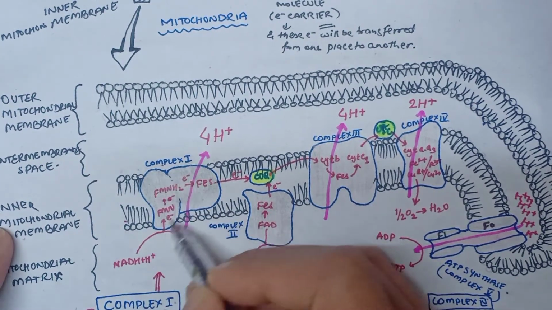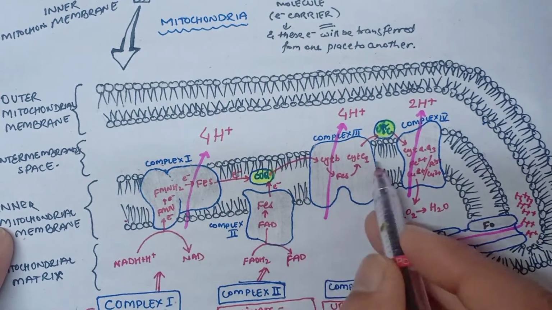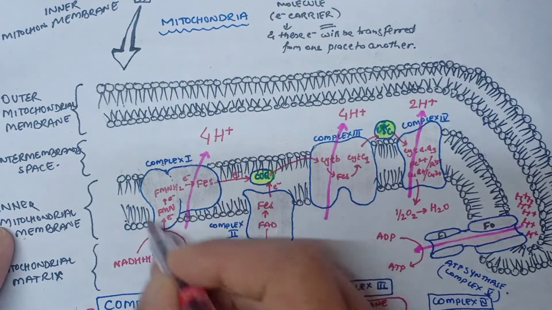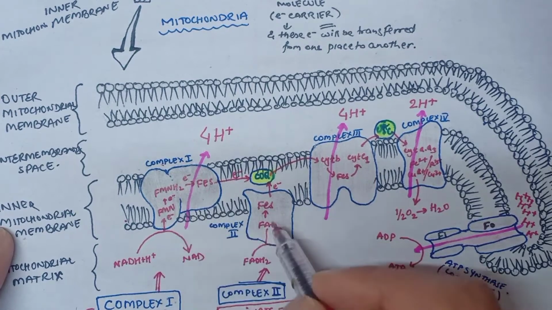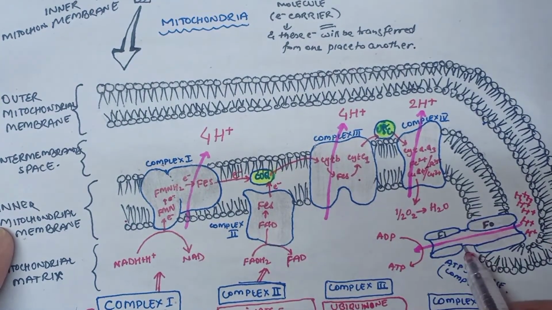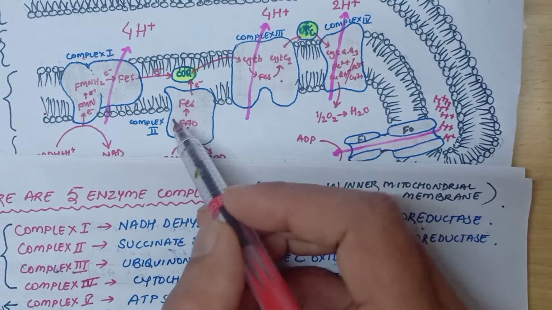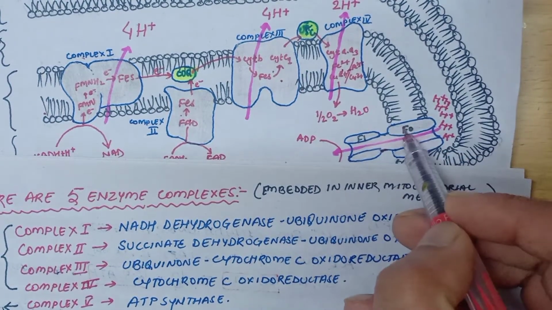And there are 5 enzyme complexes that are embedded in the inner mitochondrial membrane. So there are 5 complexes: complex 1, complex 2, complex 3, complex 4, and complex 5.